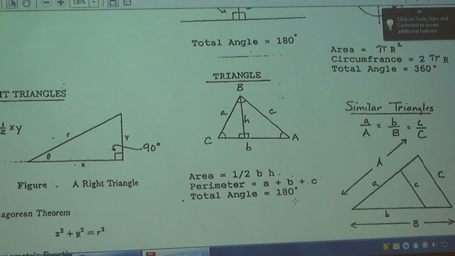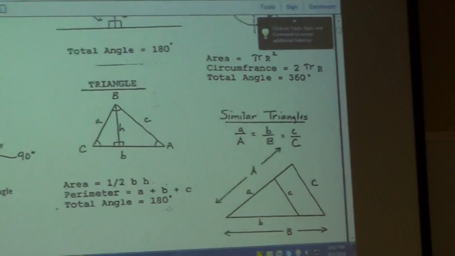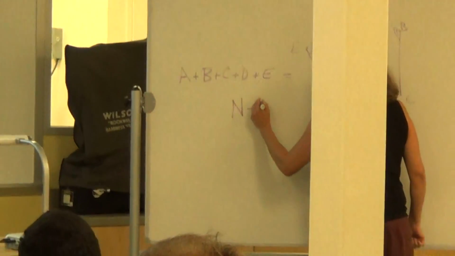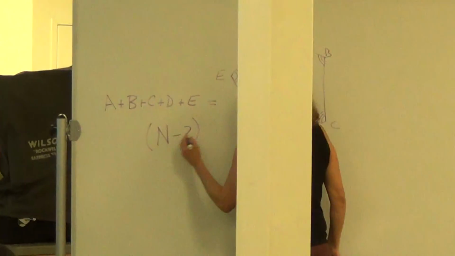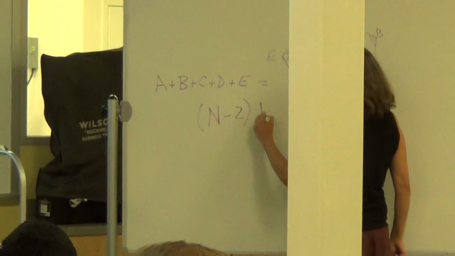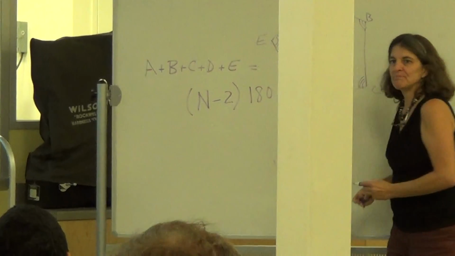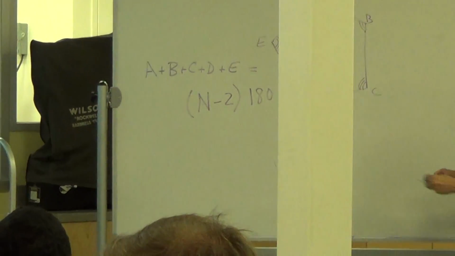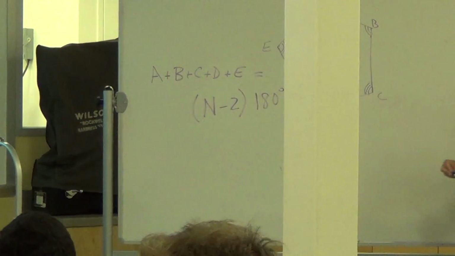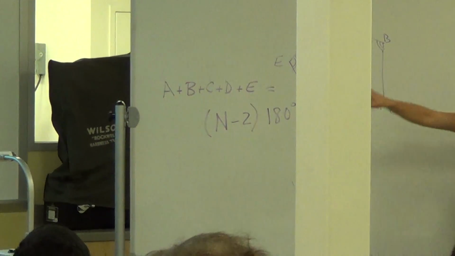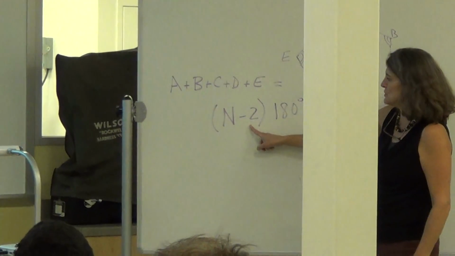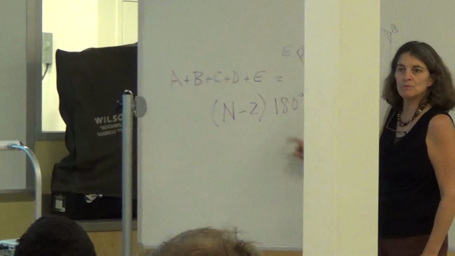But anyway, if I wanted to find the total interior angle of this, how do I find out? Patrick, you take the number of sides of the polygon, subtract 2 from it, for some unknown reason, and multiply the whole thing by 180 degrees, right? So for a triangle, it would be 3. 3 minus 2 is 1. 1 times 180 is 180.